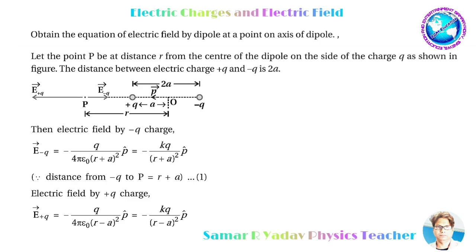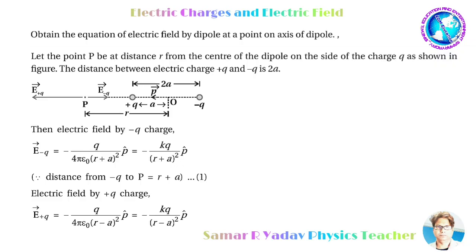Obtain the equation of electric field by dipole at a point on axis of dipole. Let the point P be at distance r from the center of the dipole on the side of the charge q as shown in the figure. The distance between electric charge plus q and minus q is 2a.